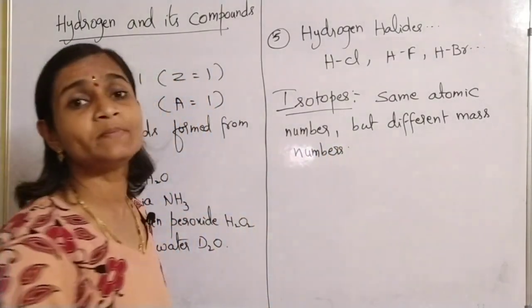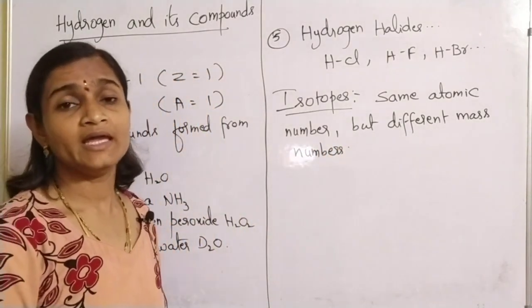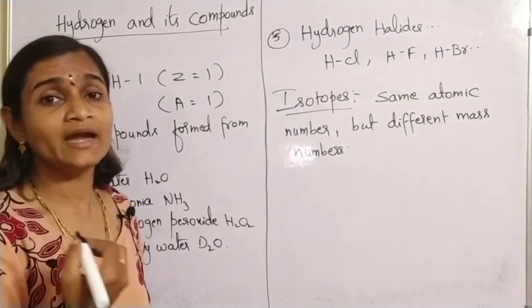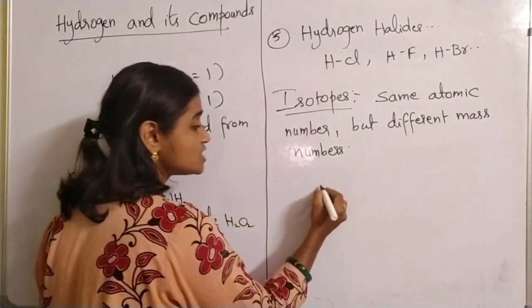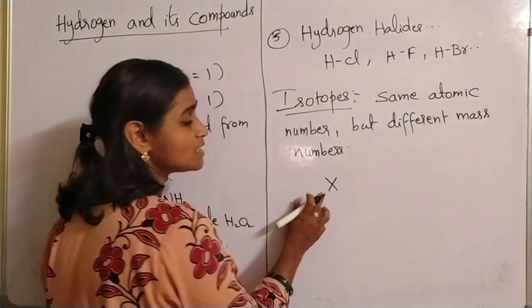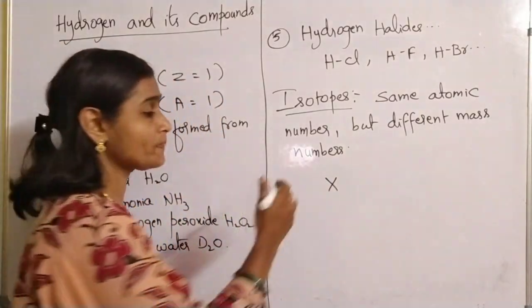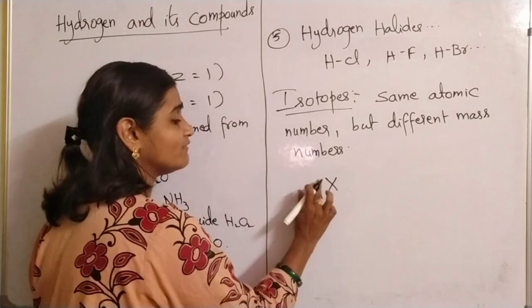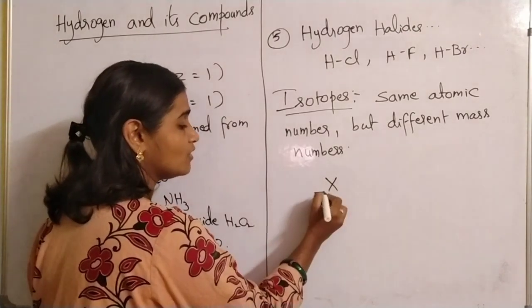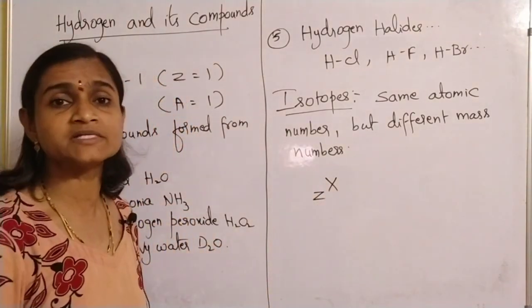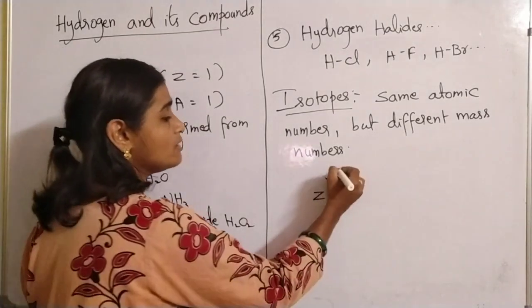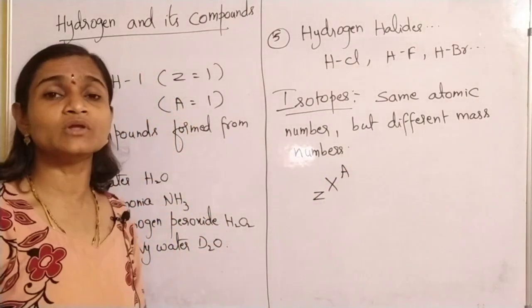Generally we represent any element in terms of its atomic number and its mass number. Suppose X is an element: its atomic number, generally represented by the letter Z, we write at the bottom, and the mass number you write on the top.